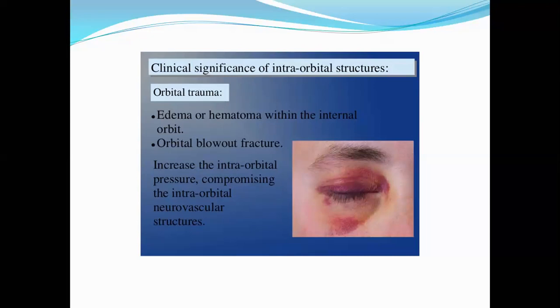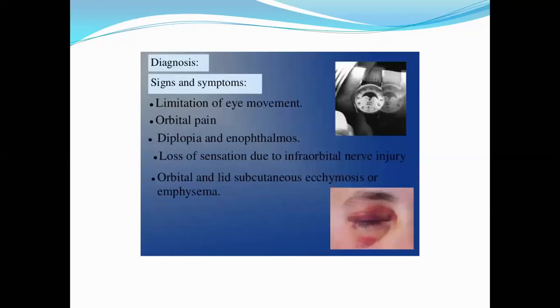This is very important, as the patient may get permanent loss of vision, and you may need to take prompt action. So, diagnosis is based on signs and symptoms along with examinations. CT scan is the gold standard, and the clinical examination is on the slide.